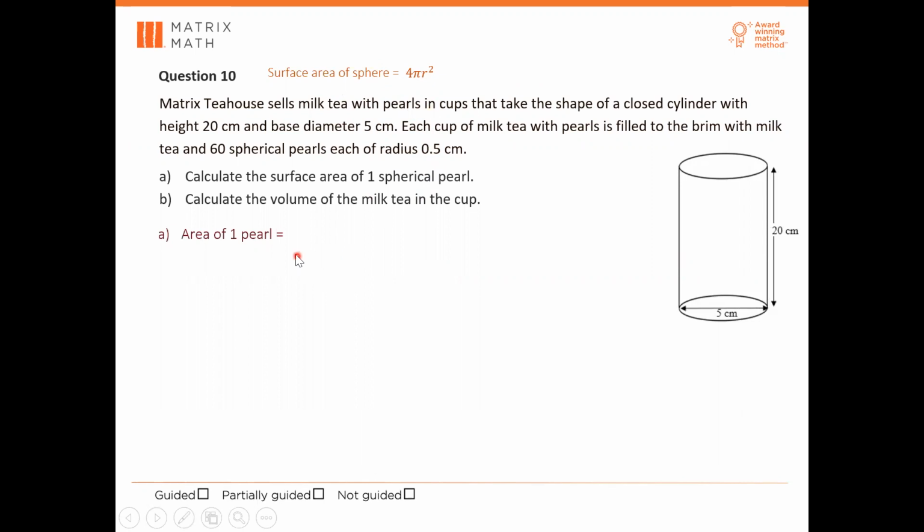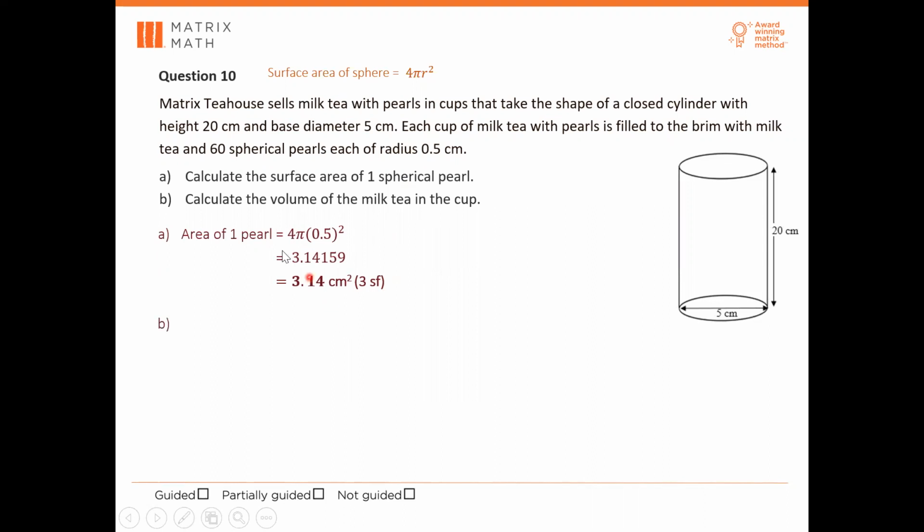Area of one pearl is 4 pi times 0.5 squared. Just key in the pi in the calculator since the pi value is not given to us, and round it off to 3SF. So that's it, 3.14 centimeters squared.